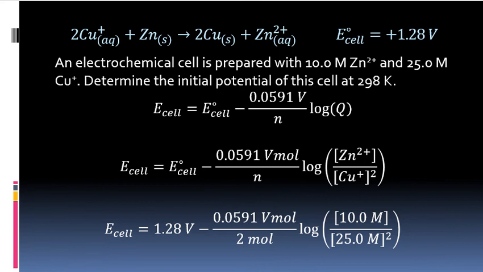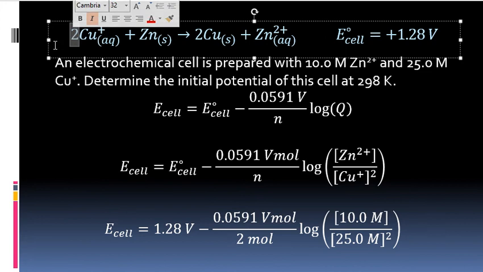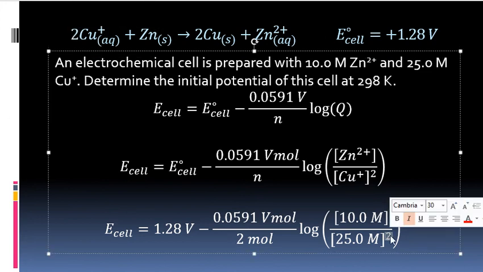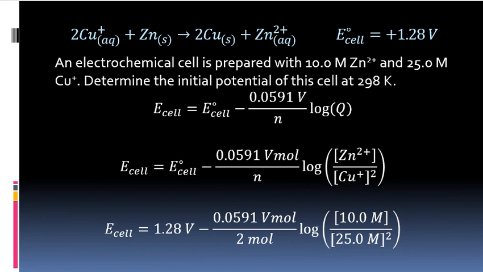So that's how those numbers got plugged in. Now, since the stoichiometry is 2 moles of copper 1 plus, that's where this exponent came from, right down there. So don't forget that reaction quotients, dissociation constants, things like that, do involve the stoichiometric coefficients, but as exponents.